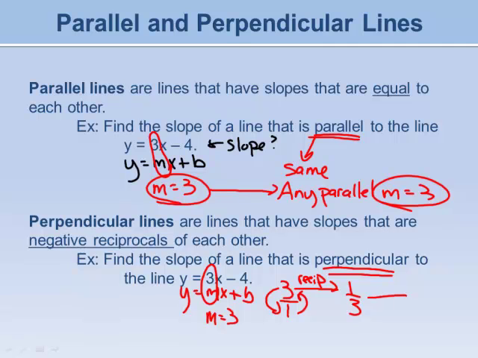And then if you take the negative of that, and negative just means change the sign, so if it's positive, it will become negative, and if it's originally negative, it will become positive. The negative of a positive 1/3 then is a negative 1/3, and any line that is perpendicular to y equals 3x minus 4 will have a slope of negative 1/3.